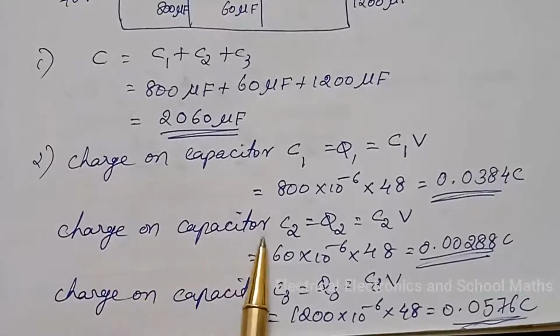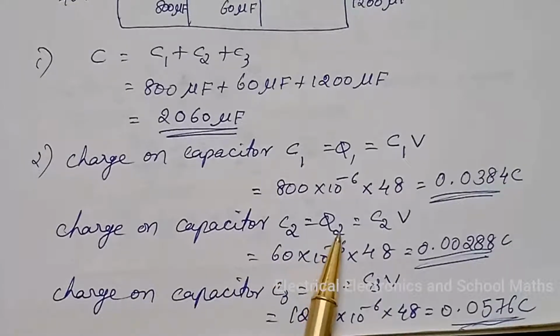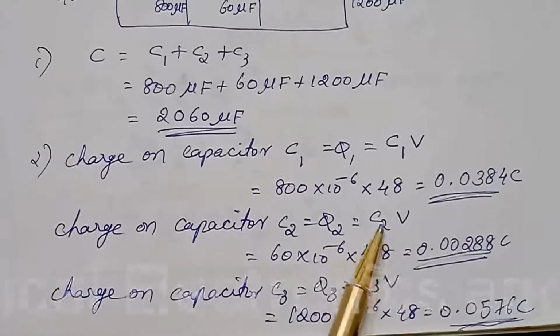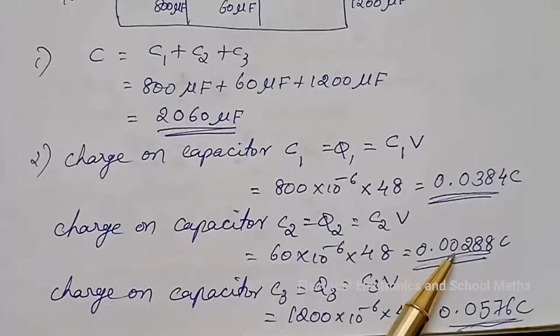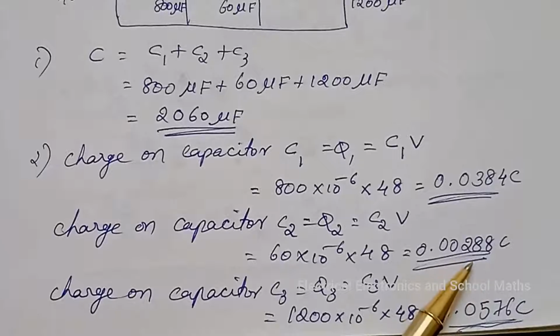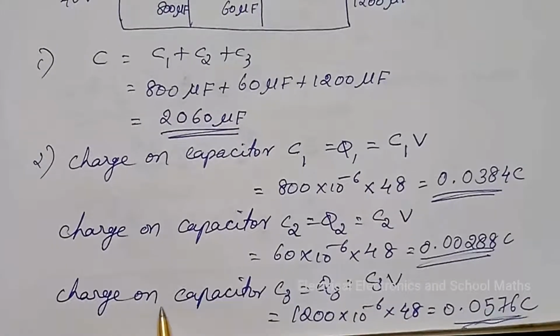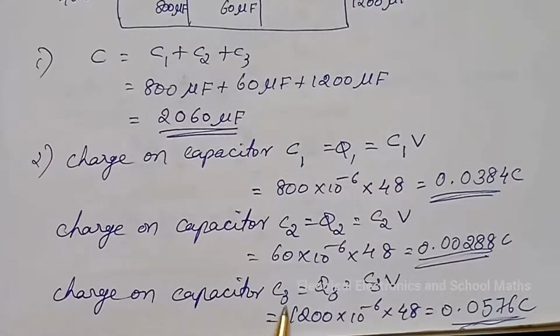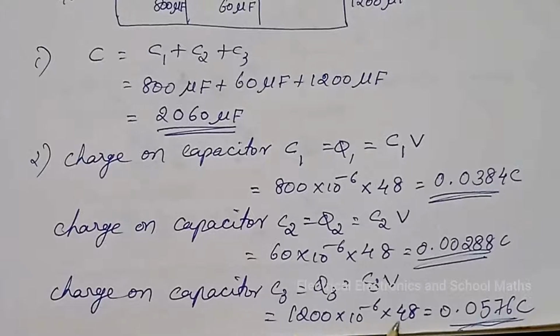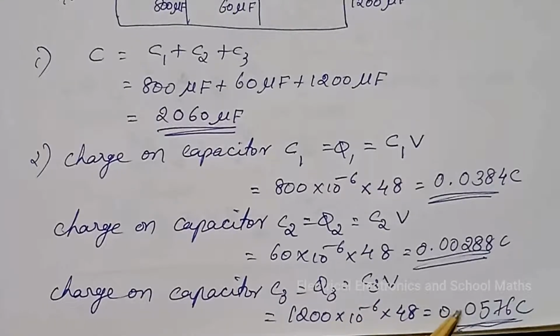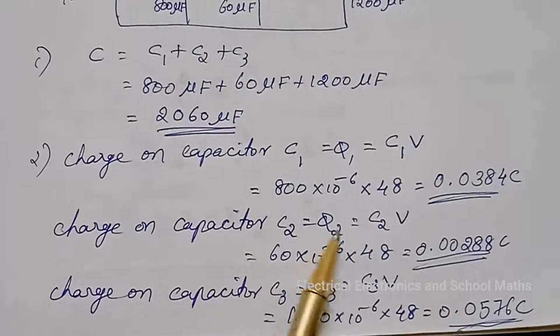Next is charge on capacitor C2, that is Q2 is equal to C2 into V and we get 0.00288 coulomb. Next is charge on capacitor C3, that is Q3 is equal to C3 into V and we get 0.0576 coulomb.